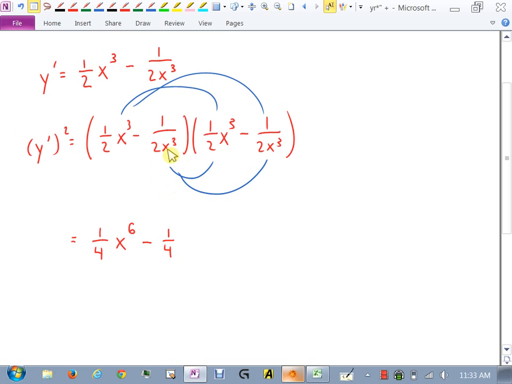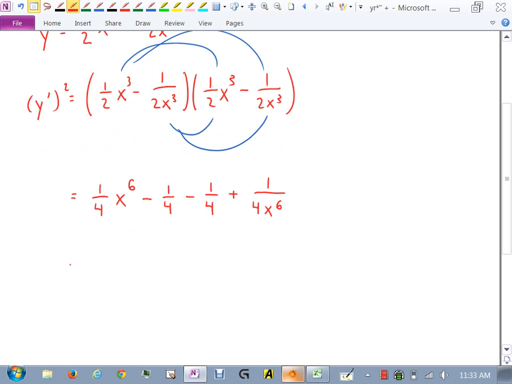What about the middle one? Another negative 1/4. And then the outer one, positive 1 over 4x to the 6th. Clean it up a little bit. 1/4 x to the 6th minus 1/2 plus 1 over 4x to the 6th. So that is our derivative squared, isn't it?